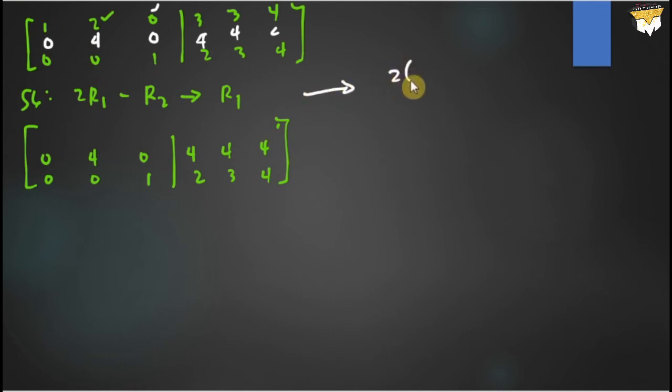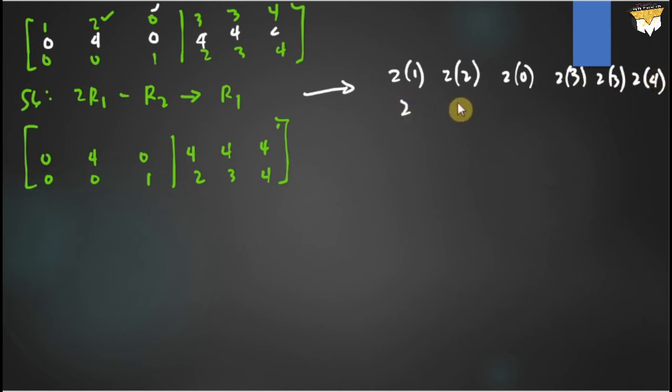That will be 2 times 1, then 2 times 2, then 2 times 0, then 2 times 3, then 2 times 3, then 2 times 4. Okay, 2 times 1 is 2, 2 times 2 is 4, 2 times 0 of course 0, then 2 times 3 is 6, 2 times 3 is 6, then we have 2 times 4 is 8.